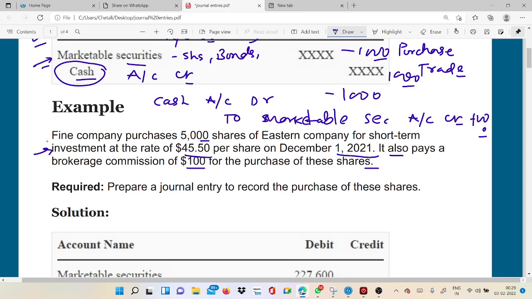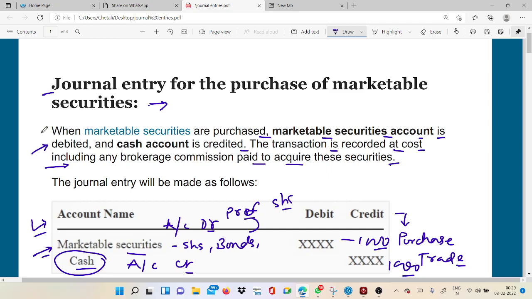If you go through the above, the marketable securities account is debited when they purchase, cash is credited, and the transaction is recorded at cost, including the brokerage commission paid to acquire the securities.